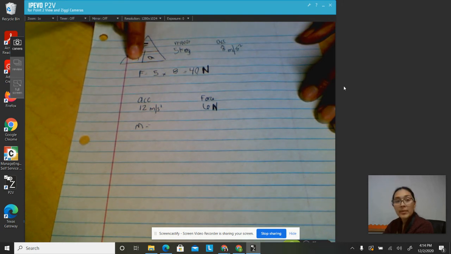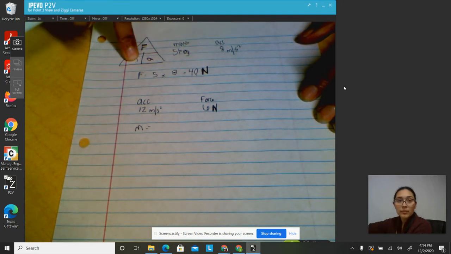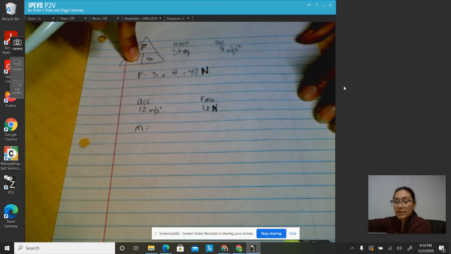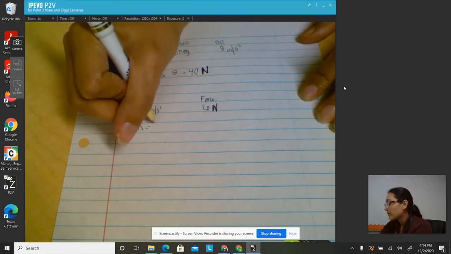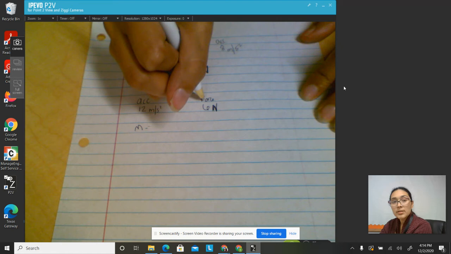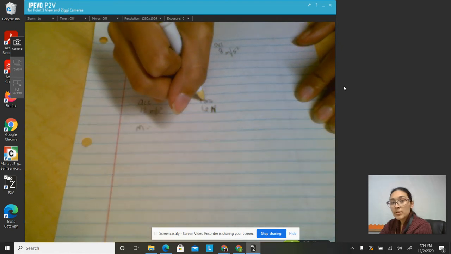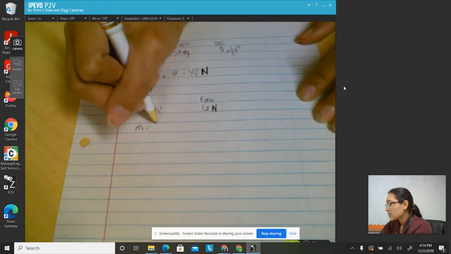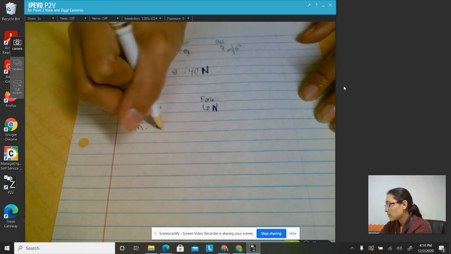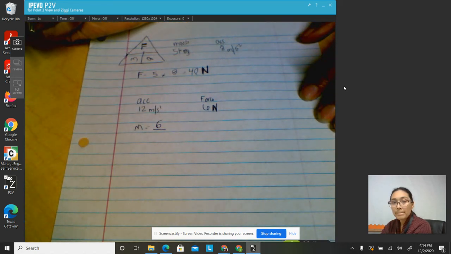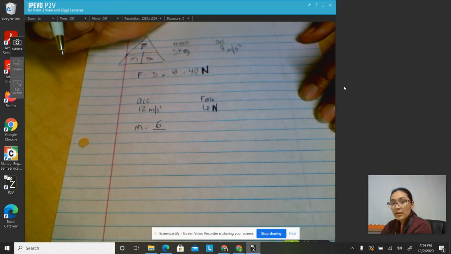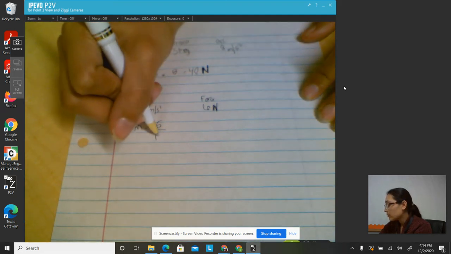So m is going to be equal to... I'm going to cover up the m here. I am left with force over acceleration. So I know I'm going to be dividing, and force is going to be my newtons number, which is 6, which will go on top. And then my acceleration is 12.